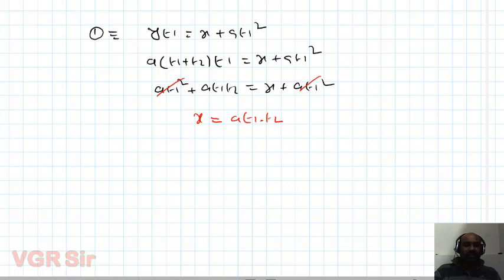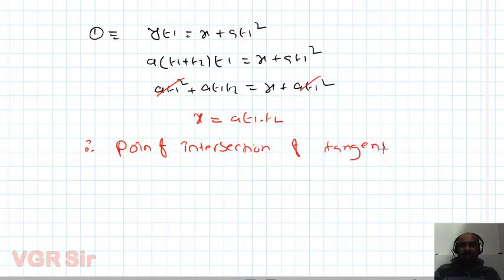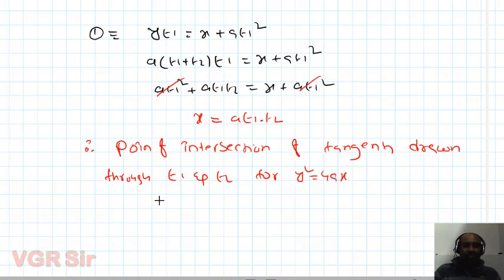So I will write: point of intersection of tangents drawn through T1 and T2 for the standard parabola y square equal 4x is the ordered pair (aT1T2, a times (T1 plus T2)).